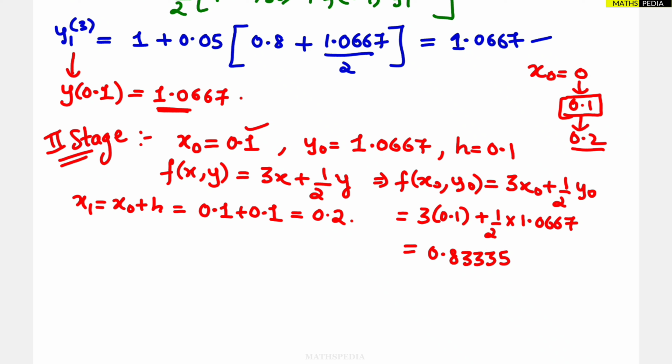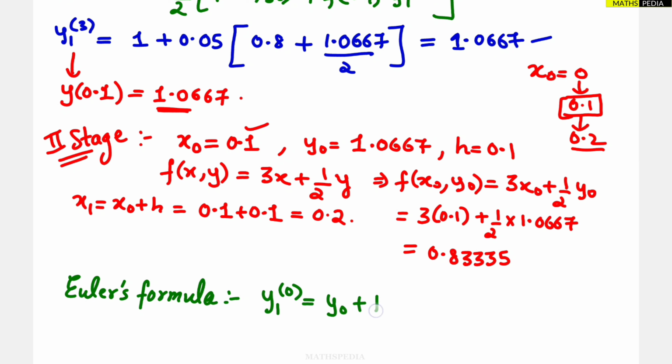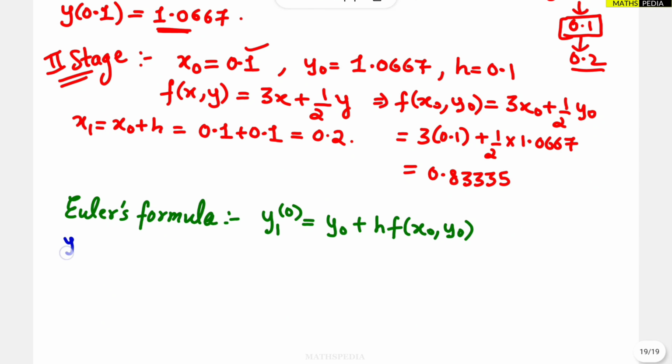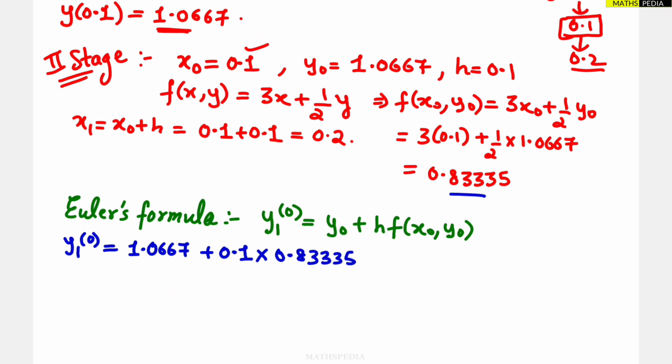So everything is done. Let us proceed with the step, which is basically to first find the y1 of 0 using the Euler's formula. y1 of 0 is equal to y0 plus h times function of x0 comma y0, that is 1.0667 plus h value, it is fixed, it is 0.1 into function of x0 comma y0, which is 0.83335.